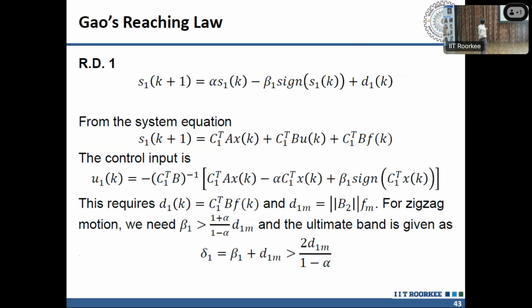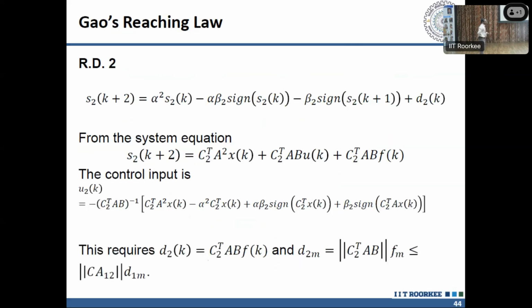In the RD2 case, we have simply extended S2K plus 1 to S2K plus 2, and this is the dynamics that comes out, and whatever is there we add a T2K here. Please note that S2K plus 2 is affected by T2K, not T2K plus 1. Here you can do a similar analysis from the system.